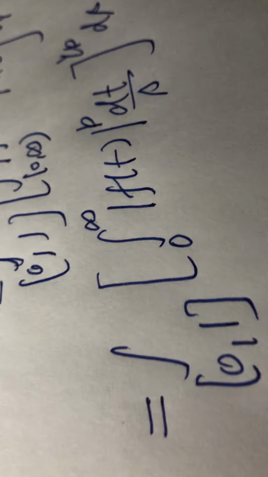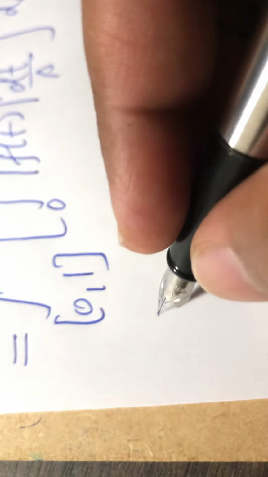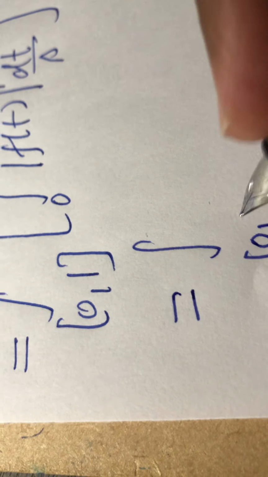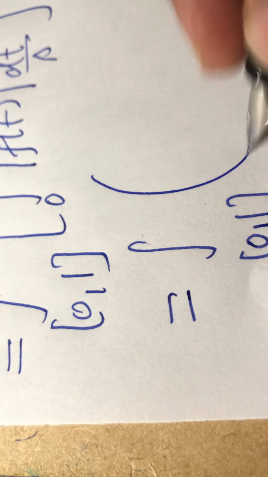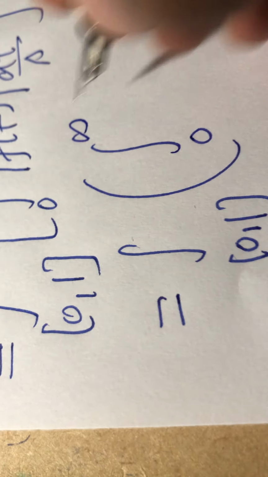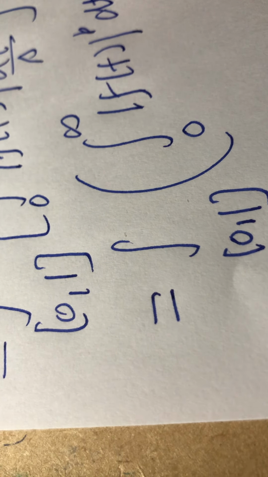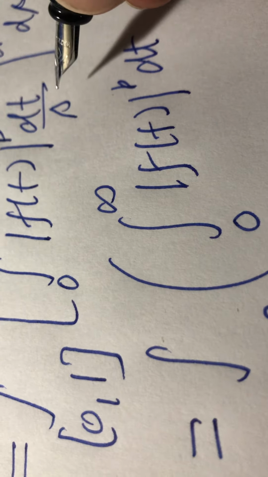Right, now I'm going step by step. So you can see the next step which corresponds here is nothing but 0 to 1, right? This is 0 to infinity f of t to the p dt. S is independent of the integration with respect to t, so it will come outside, but don't forget that this s will have the 1 pth power.